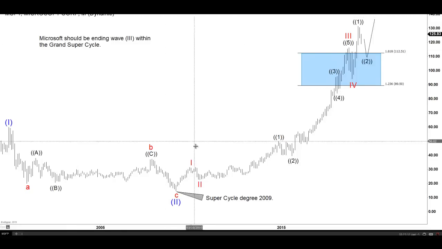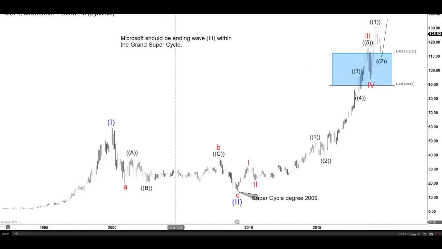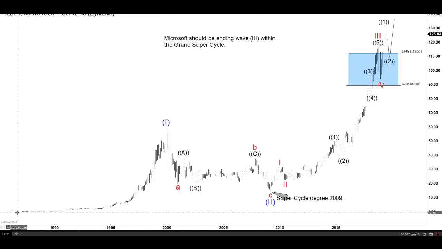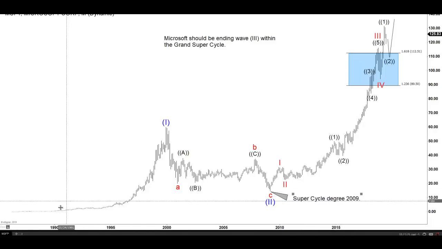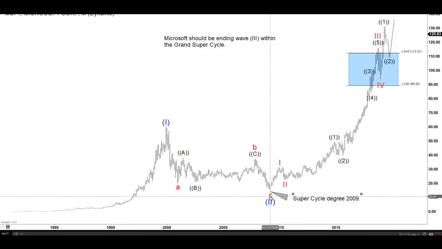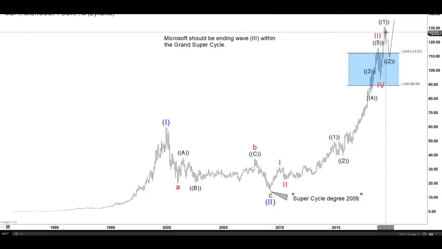I'm going to contract the chart a little bit, and you guys will be able to notice now with the contraction that this is the beginning here. This is the 0 line, and it's very visible right here that Microsoft is showing a 1, a 2, and we are within the powerful wave 3 in Microsoft.